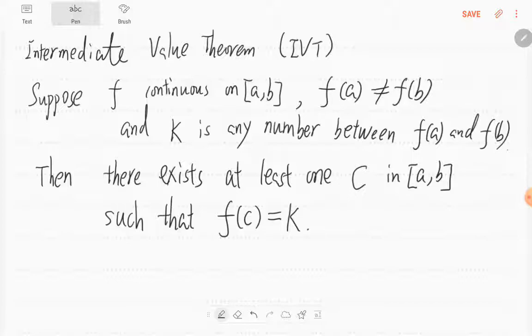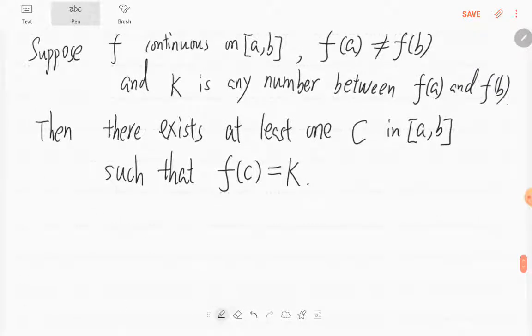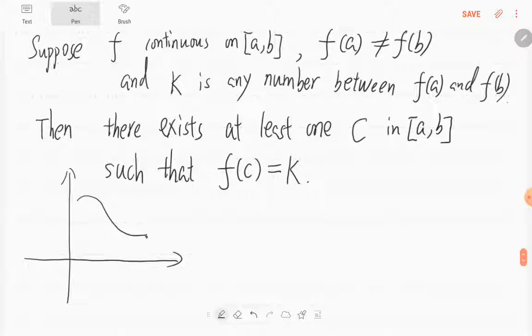Let's look at the geometric meaning of this. You have a continuous function on [a, b]. This is a, this is b, and here it takes the value f of a, and here the value f of b.